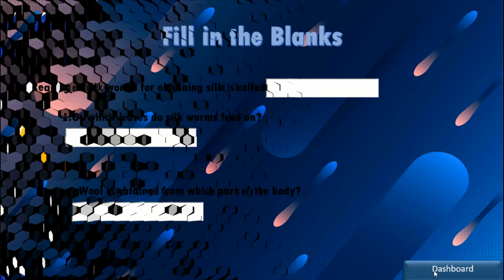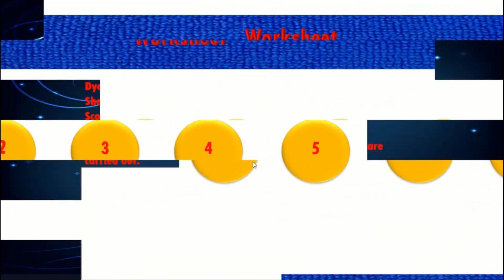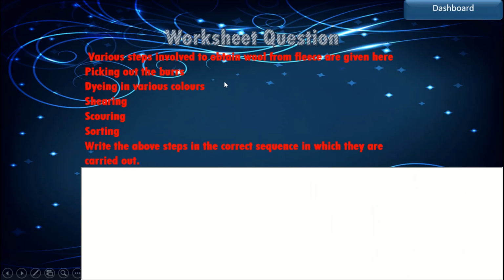Let us go to the dashboard and answer the third question. Worksheet question: various steps involved to obtain wool from fleece are given here. Pick out the burrs, dyeing in various colors, shearing, scouring, sorting. Write the above steps in the correct sequence in which they are carried out.